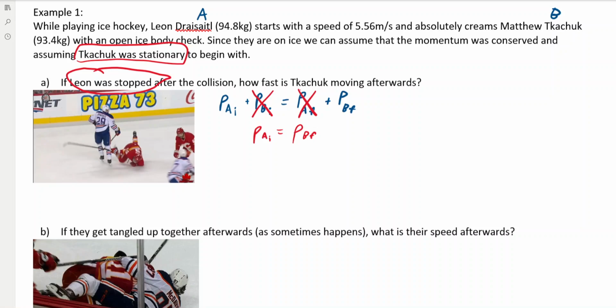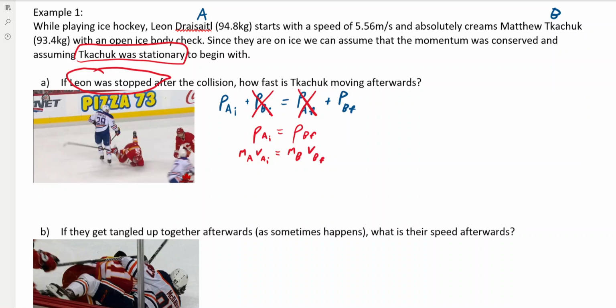Now we can write this out as MAVAI. That means the mass of player A times the velocity of player A initial equals MBVBF, the mass of person B times the velocity of person B final.